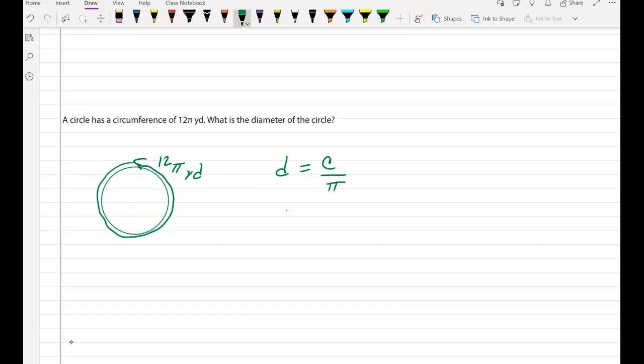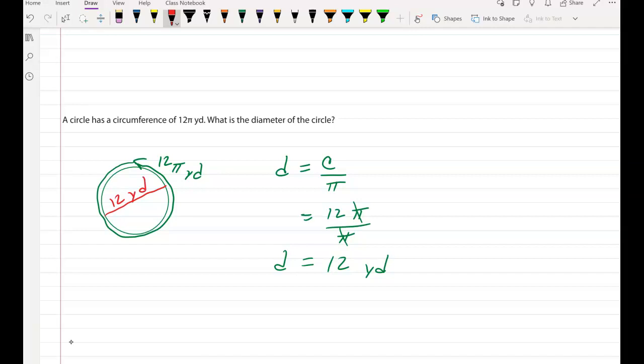Well, we know the circumference is 12 pi. Divide 12 pi by pi. Those two cancel each other out, and the diameter ends up being 12 yards, and so our circle has a diameter of 12 yards across.